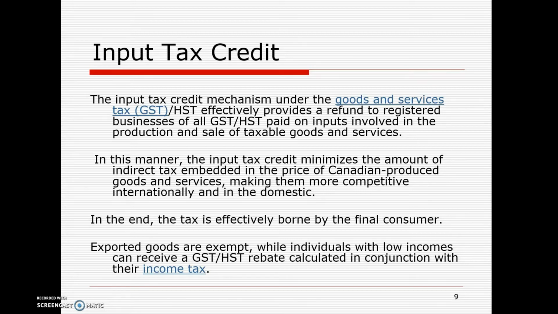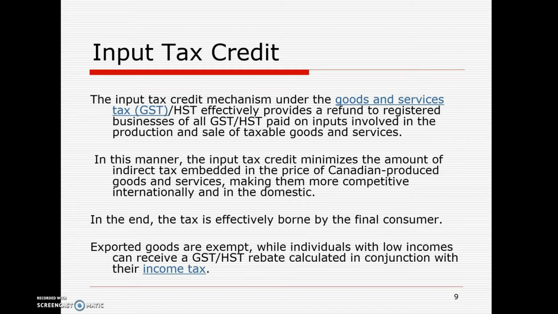Now, companies have to do a tax return every month. Smaller companies every year, but most companies every month, called an input tax credit, where they add up all the GST and HST that they have paid out this month on their purchases and importations, and they add up all the GST and HST they have collected through their sales this month. They then pay themselves back the GST and HST they have paid out and send the government the difference.